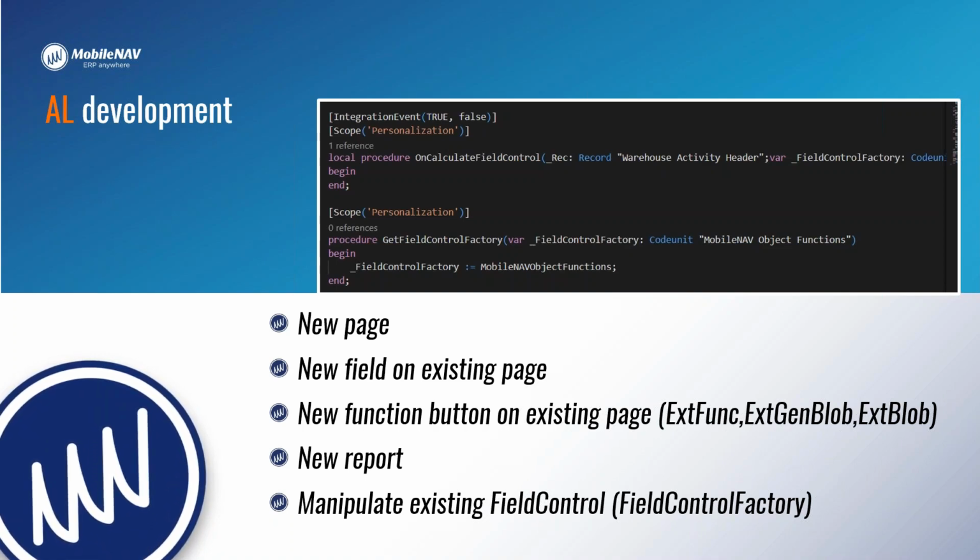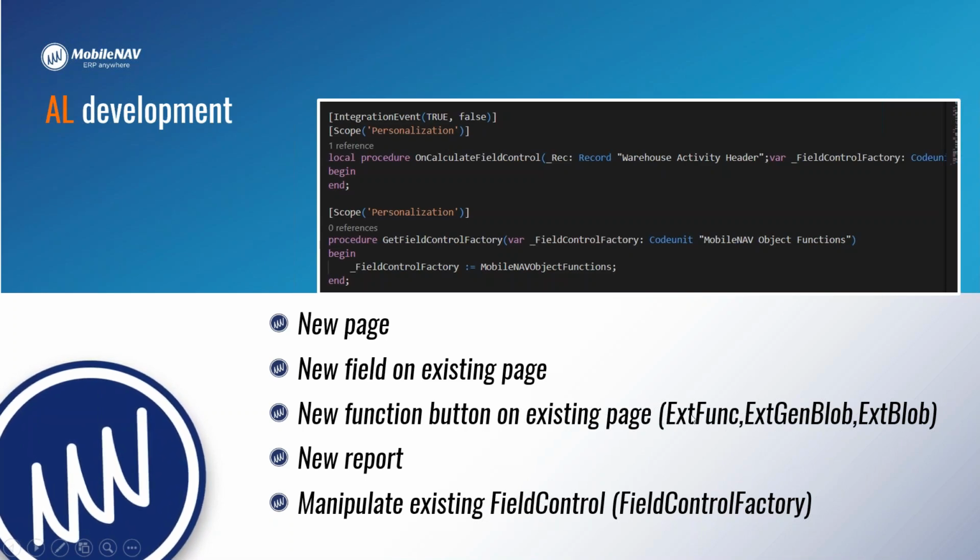And that was introduced in January, so theoretically all of your clients have already been updated to that version. Thanks to that feature, you can basically extract the information which page and which field has been pressed by the user. And together with that, we have also extended our base configuration with extra functions.